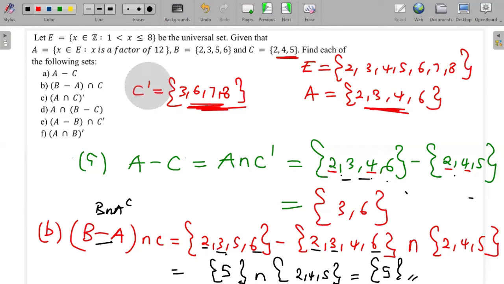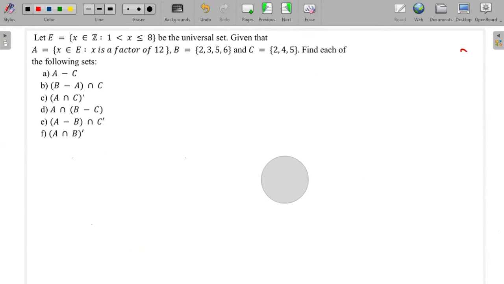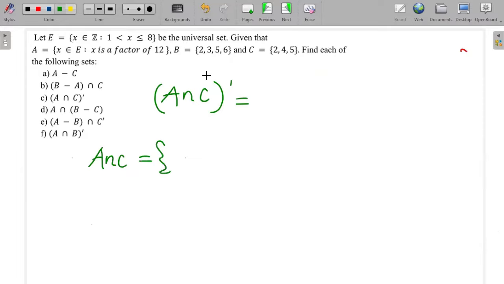All right, let's look at the other one, which is, is that a De Morgan's law? I think so. So there we have the complement of A intersection C. First I find my A intersection C. Now we've erased the set A. What did we say A was?